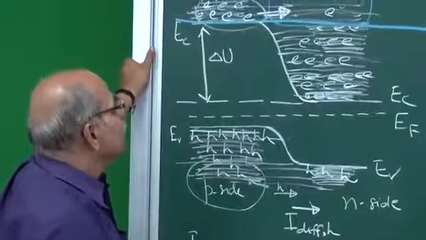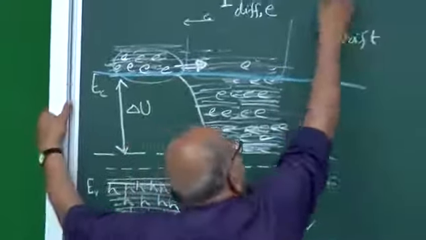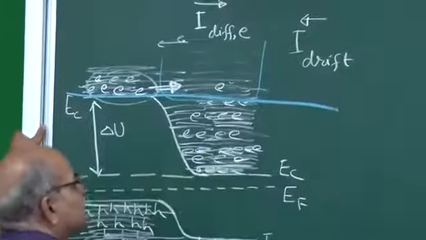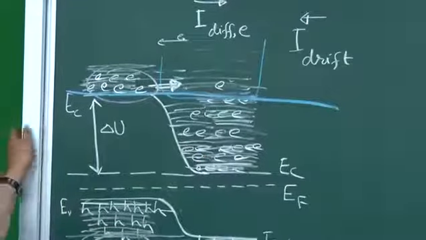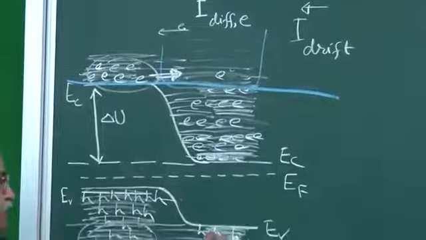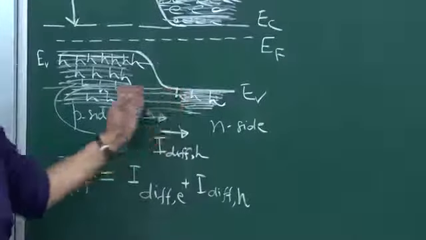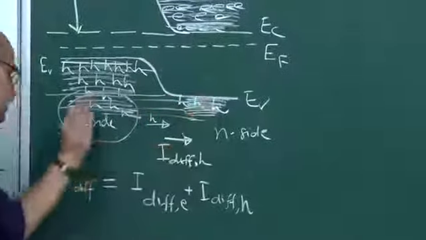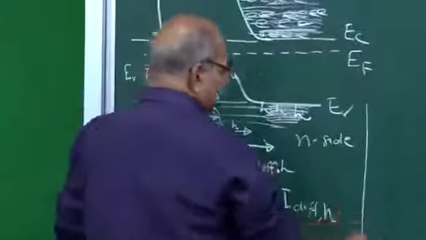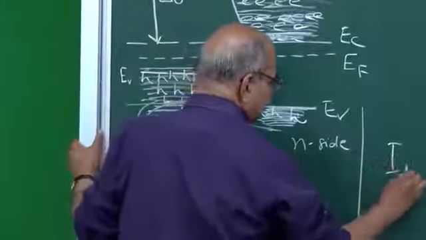So it is drift and the direction is right to left. And here also the holes are going, these minority carriers, these holes are going from right to left, and the current is also from right to left. So you will have I drift.